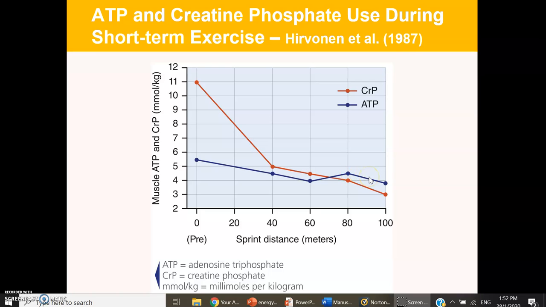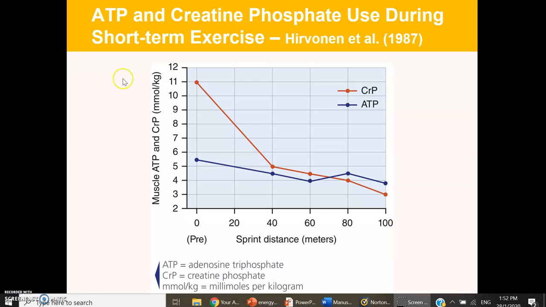Although there was some modest variation in the ATP concentration over the last 60 meters, the overall concentration did not go down further than the initial 20 to 25% decline.